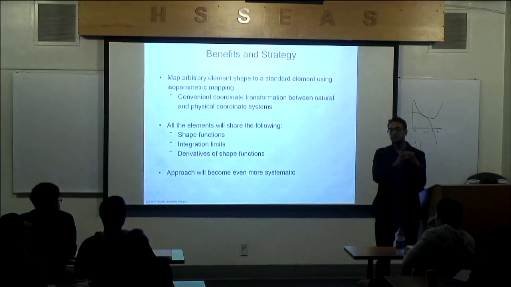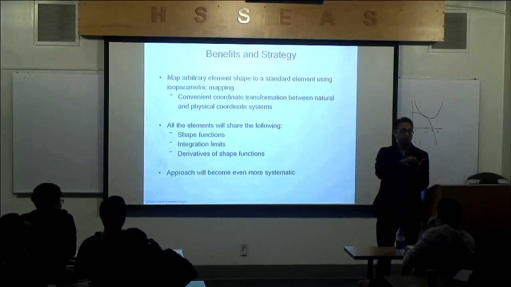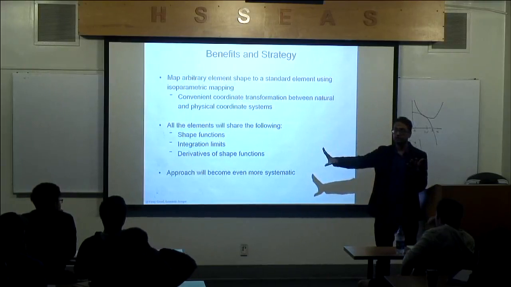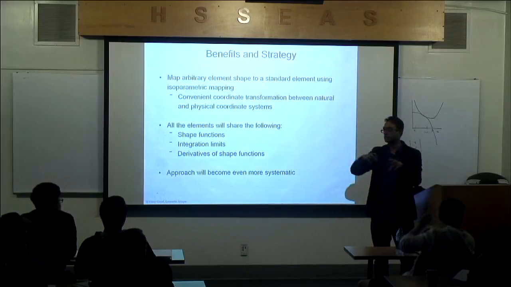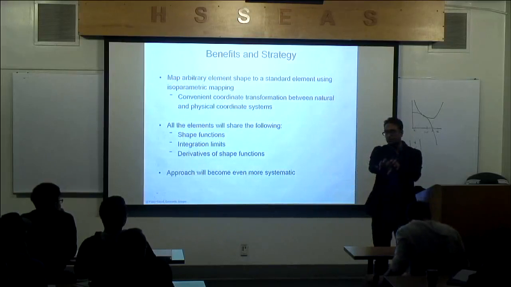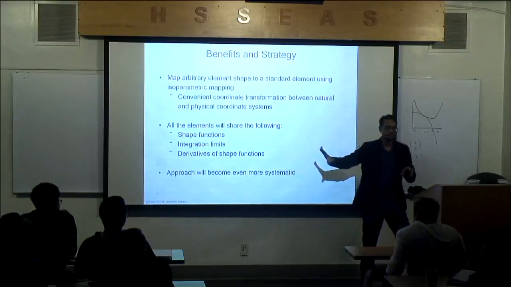This element type is going to have the same shape function, derivatives, so I can actually store that information in the code and only worry about the geometry. So I'm basically decoupling the geometry from the problem. That's really what I'm doing. Do you see what I'm saying? We're decoupling the geometry out of the problem and tackling the geometry separately.